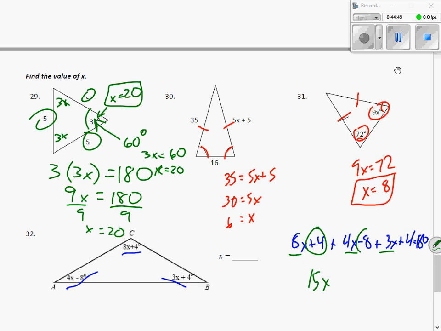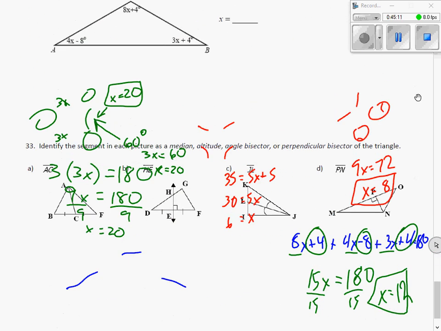A 4, a minus 8, and a plus 4. That's a 0. Equals 180. Divide by 15. x would be how much?